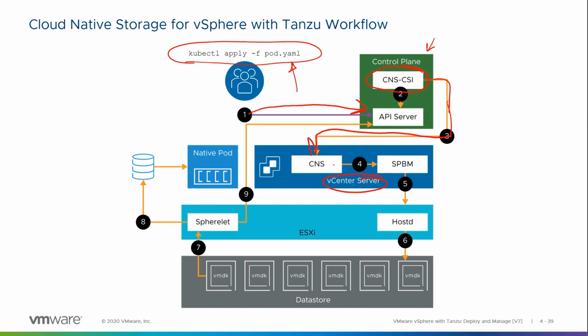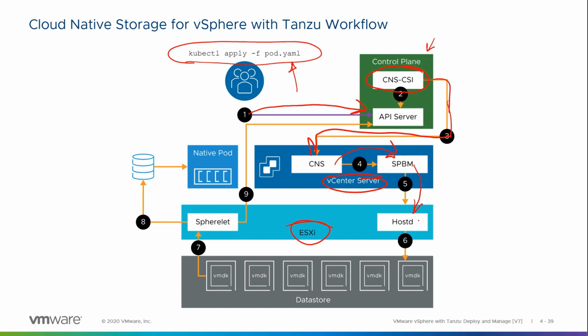The CNS would interface over with SPBM to be able to select which disk, which data store we're actually going to put it on. From there, we're going to pass the creation of the first class disk over to a physical ESX host that has been chosen that we're going to be running this pod on, or the pod is currently running on.